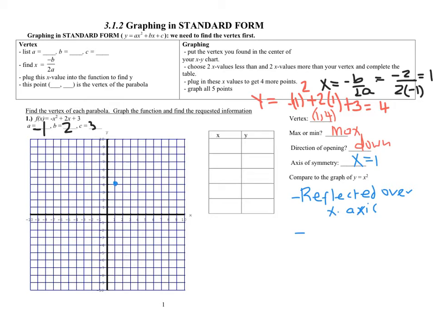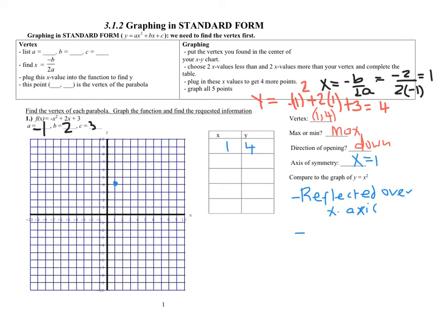So I'm going to get some points on one side of the vertex, and then use symmetry to get points on the other side.